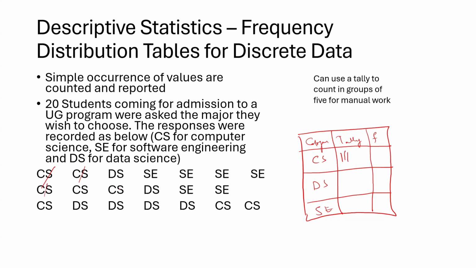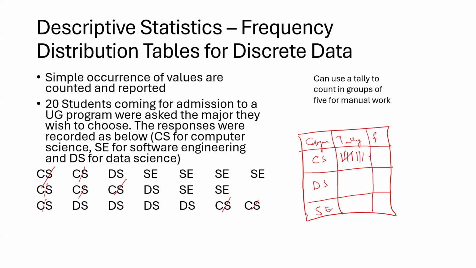And while doing this work, it will be very hard for us to miss any value. But when it's the 5th entry, we're going to put a diagonal over this to make 1 block. And now we know that 1 block means 5 entries. Next, we'll start the next block, this one. So we put 1 for the next block, then another one, another bar, and finally the last CS and another.